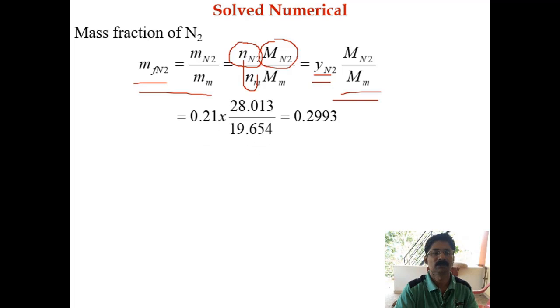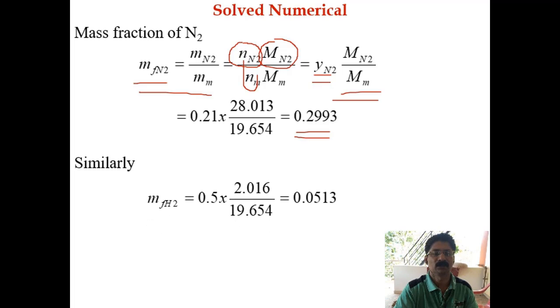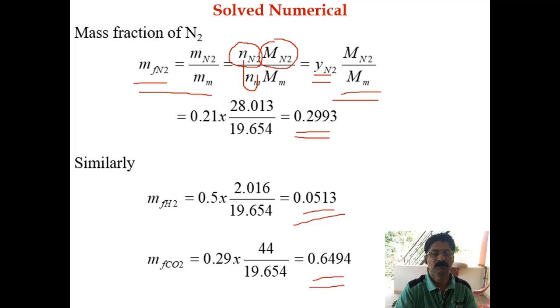If you substitute, you will get it as 0.2993. Similarly, you can find mass fraction of hydrogen as 0.0513 and mass fraction of CO2 as 0.6494. This is one of the ways to find the mass fractions. If any other alternate method is available, you can solve that also. You can check the answer, but the answer will be the same.